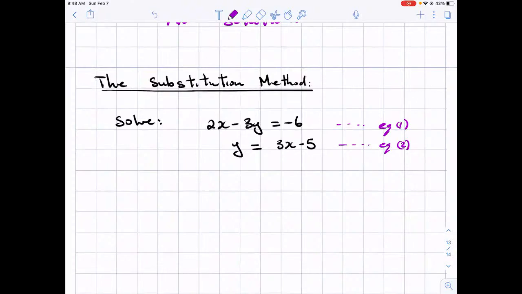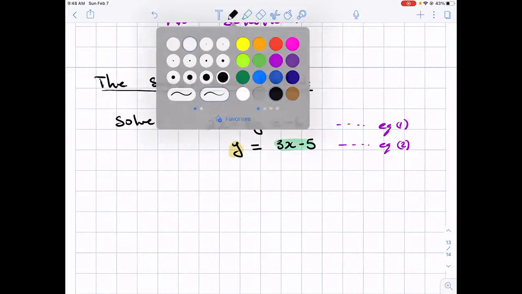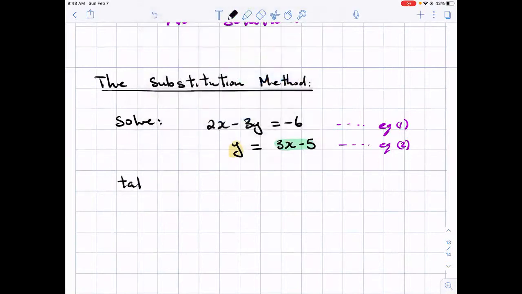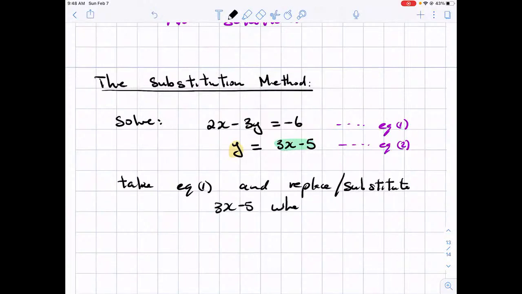Now, remember, you're given that y is equal to 3x minus 5. So what we do is we take equation 1 and substitute 3x minus 5 where we see y.